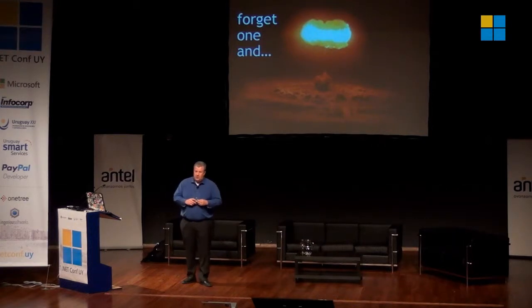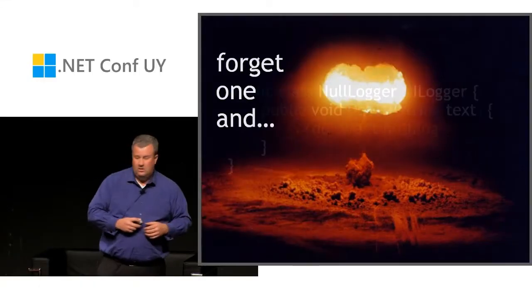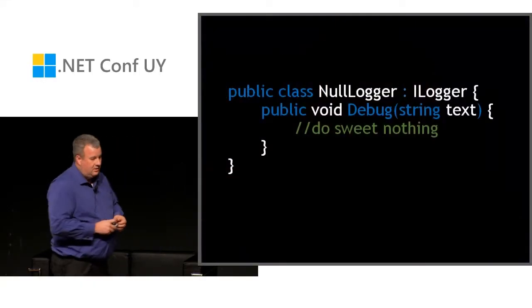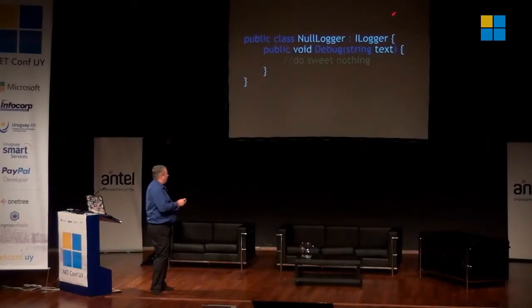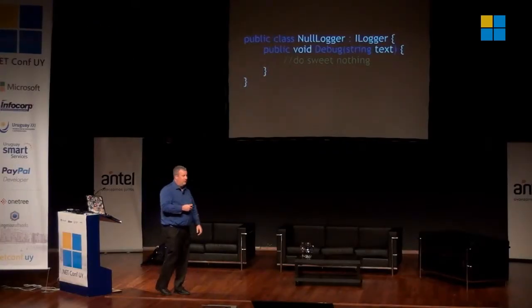So what we do with the null object pattern is that we create an object to use in place of null. So in this case, we're implementing ILogger on a class we're calling the NullLogger. We go through the ILogger interface and implement everything that's necessary on it.